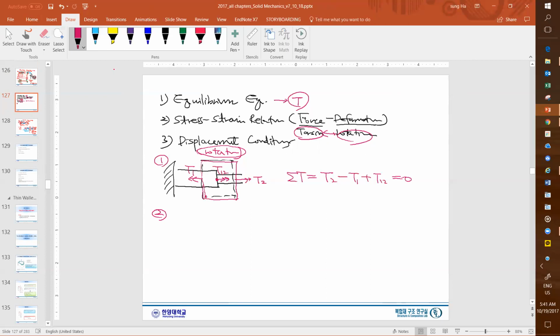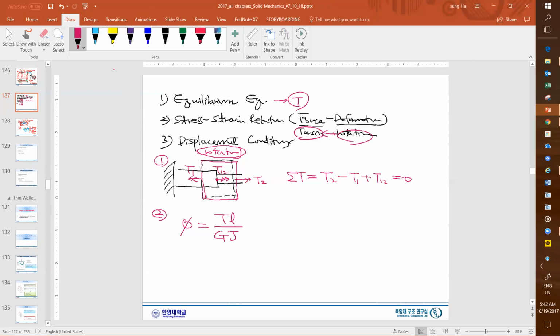In class, we learned that we have a simple phi equals TL over G IP, or GJ, right? This is the equation we have. But we have to be careful in understanding equations.